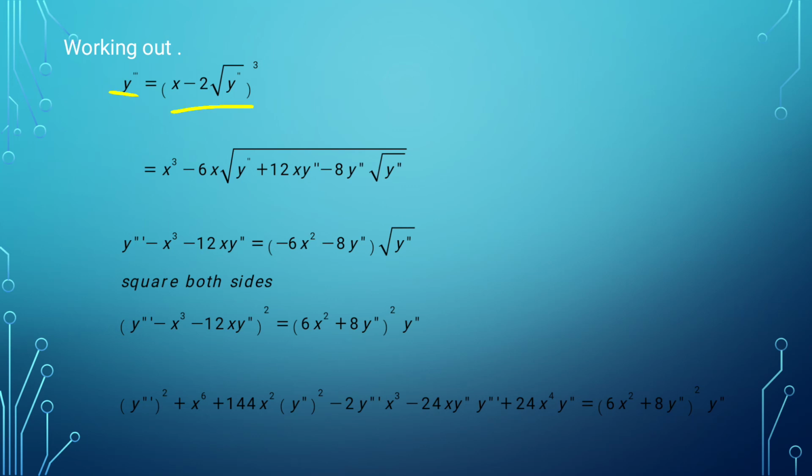If you do that and expand, you'll find you are getting this: x minus 2 root of the second derivative of y.